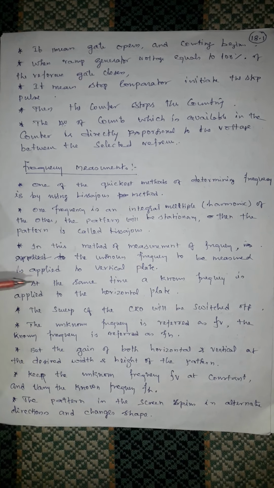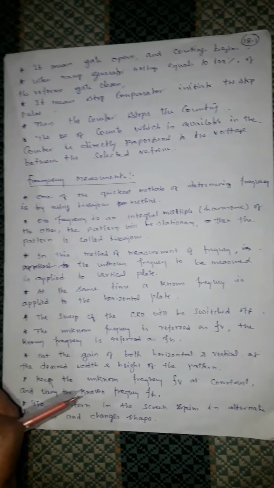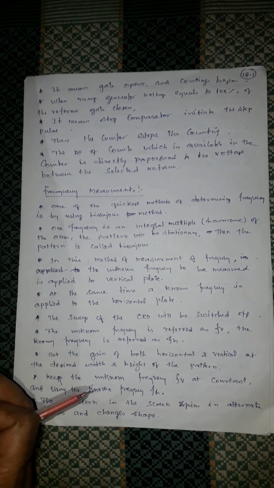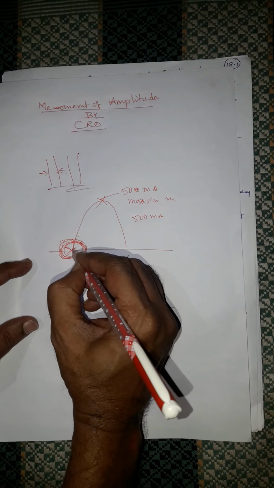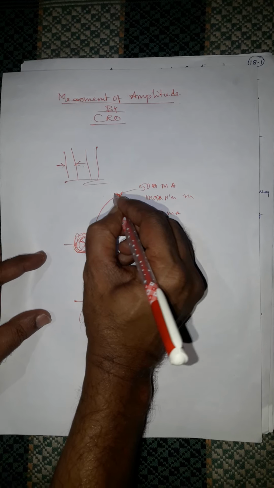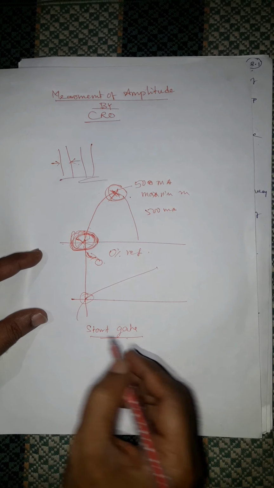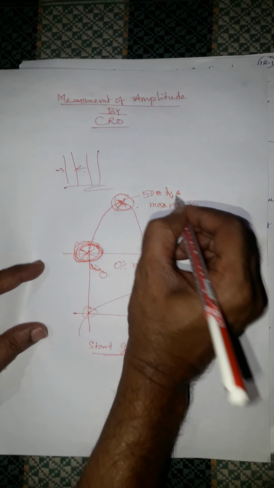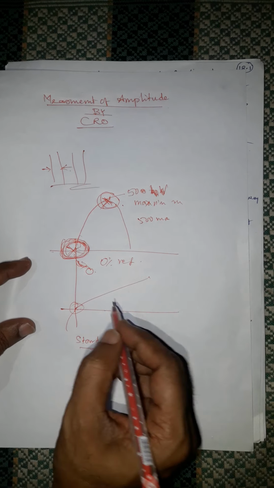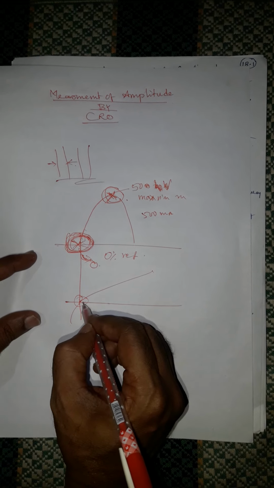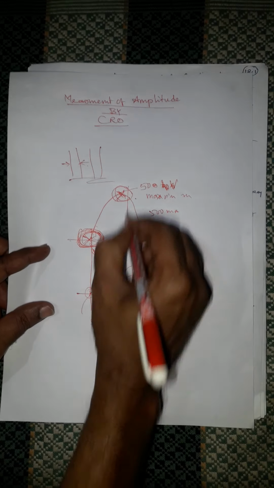When the ramp generator voltage equals the 100% reference voltage, the gate closes. That means the voltage increases until it reaches the maximum value. This one is 500 milliamps or millivolts. The ramp is also at the maximum. Both are equal.